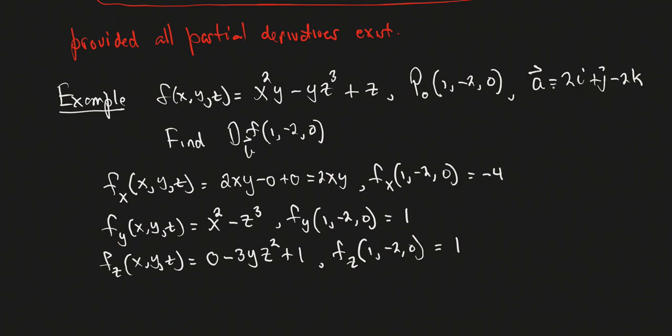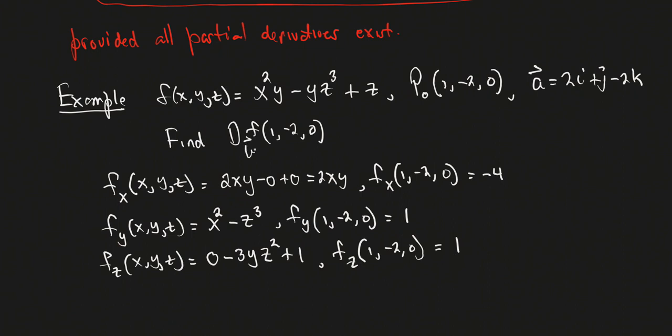The other thing that you have to be careful about in this process is if the vector that's given is not a unit vector, we have to normalize it, because our definition requires that the direction vector be a unit vector. That's why it's specifically used as u, and then any other generic label can be used.